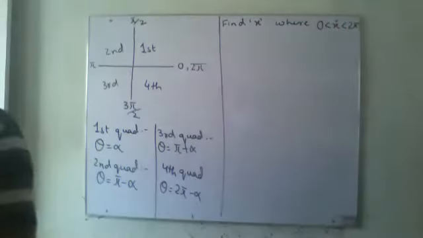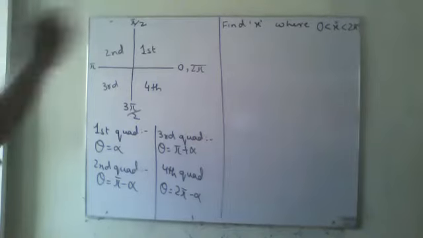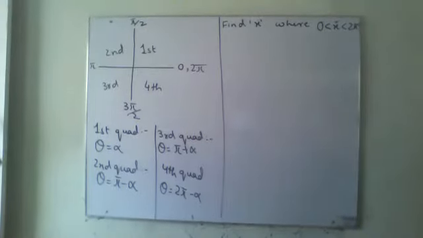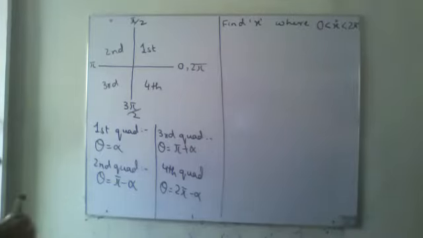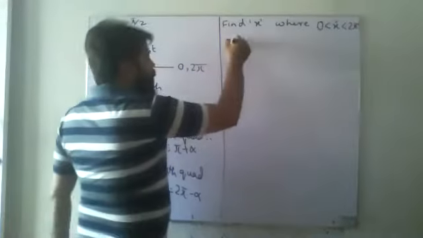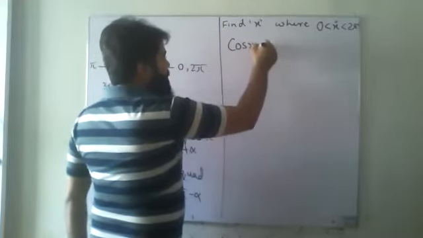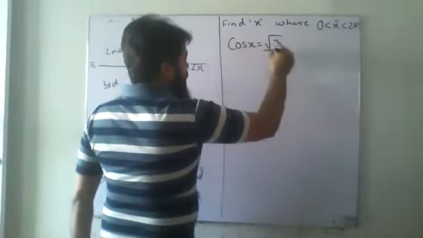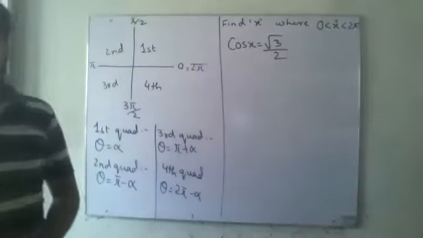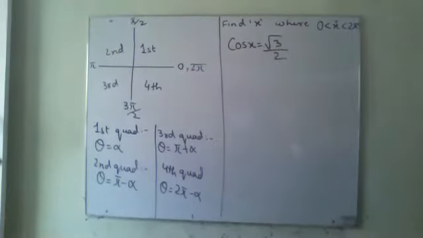We have done this for 0 to 360 degrees. So now instead of 360 degrees, they have given us 2 pi. And the question is cos x equals root 3 over 2. Okay, and they are telling us to find the value.